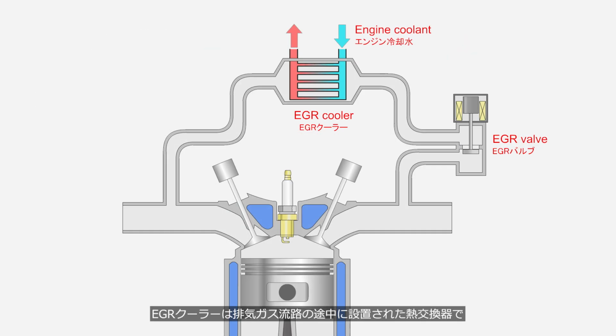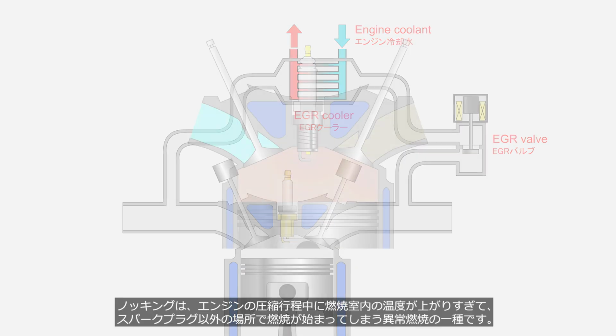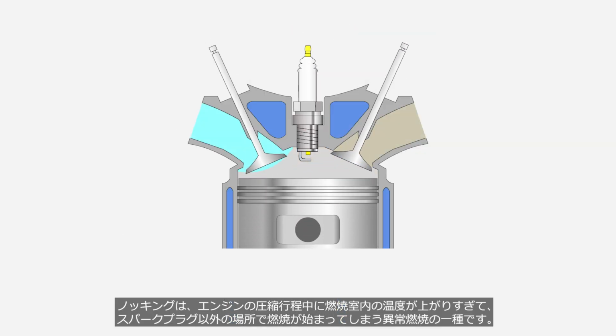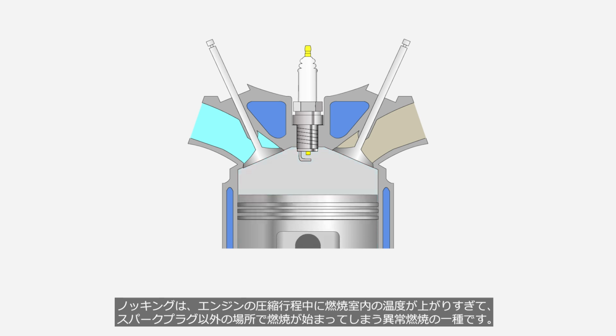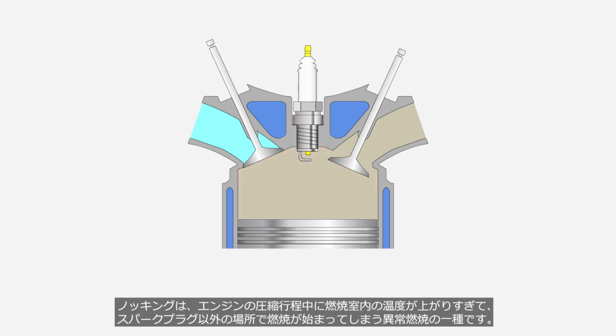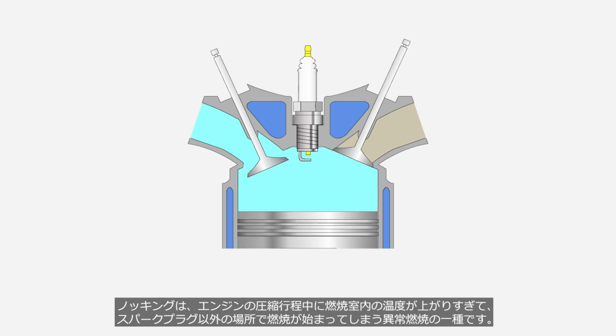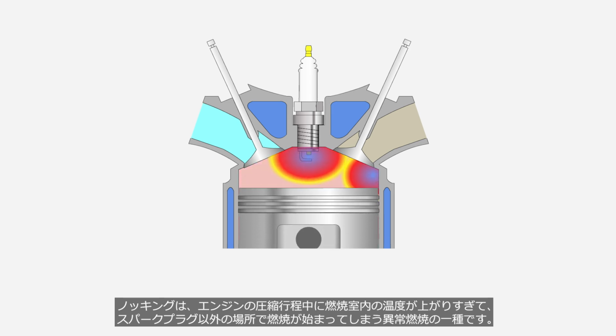The EGR cooler is a heat exchanger installed along the exhaust gas passage, which lowers the exhaust gas temperature using engine coolant. Its purpose in a gasoline engine is to suppress knocking. Knocking is a type of abnormal combustion that occurs when the temperature inside the combustion chamber rises too high during the compression stroke, causing combustion to start in areas other than the spark plug.